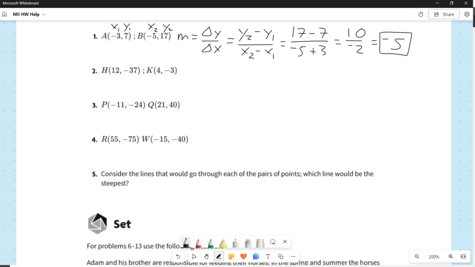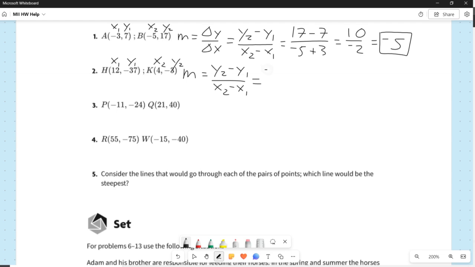Next question is number 2. So our slope, once again, y2 minus y1 over x2 minus x1. It is the change in y over the change in x. And 12 is x1, -37 is y1, 4 is x2, and -3 is y2.